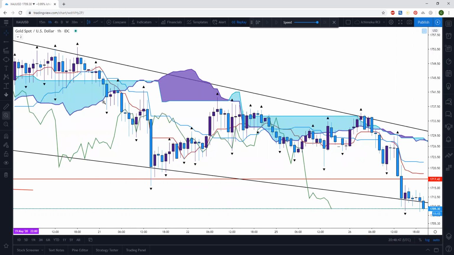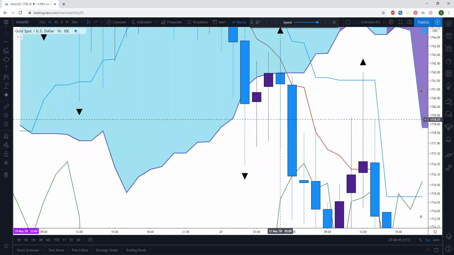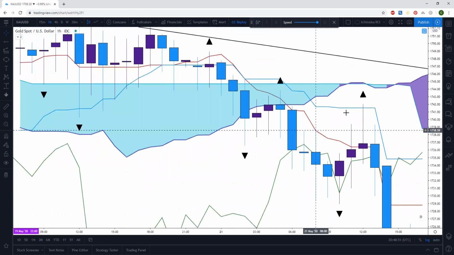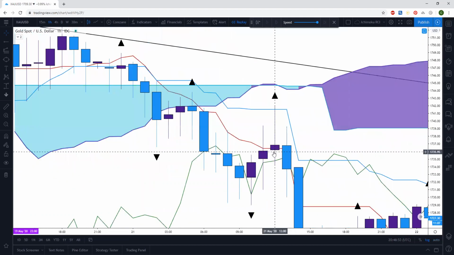Y'all know what this is? Oh yeah, right here. What candle is that? What candle is this?